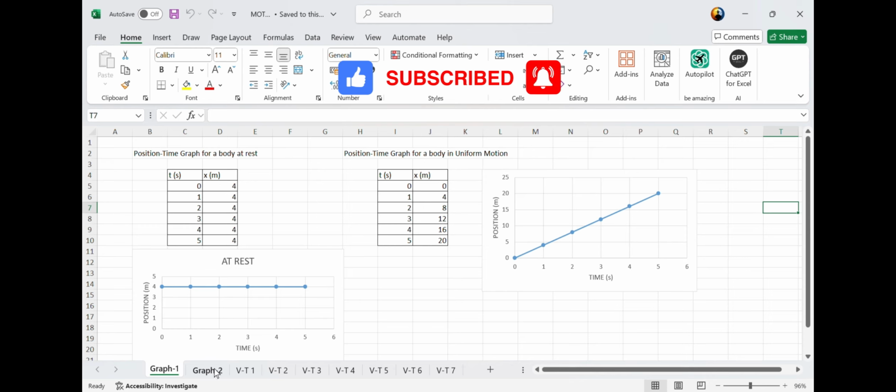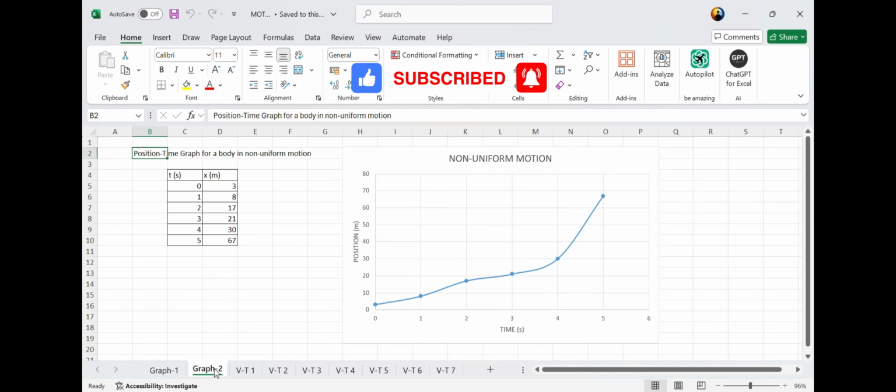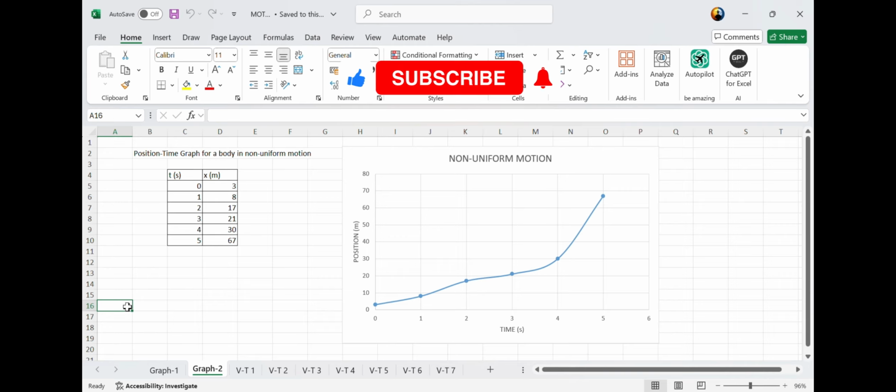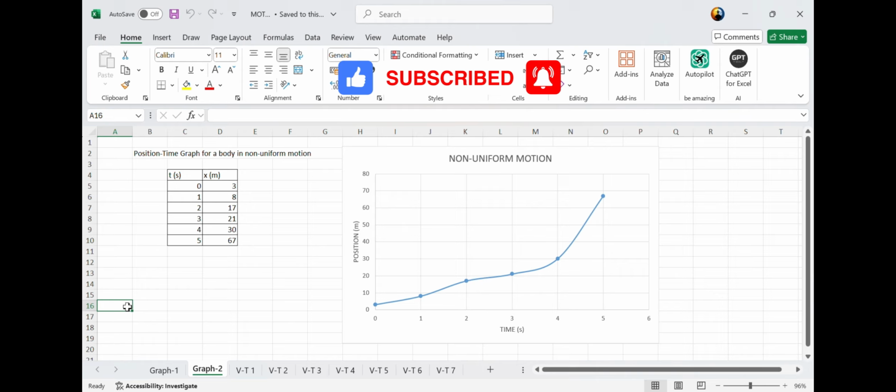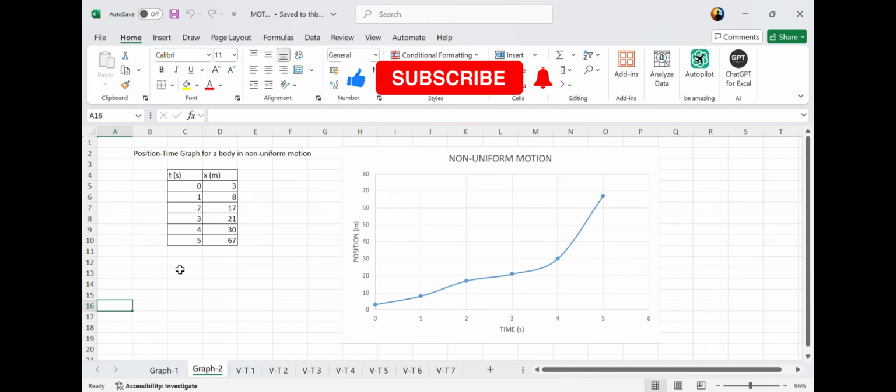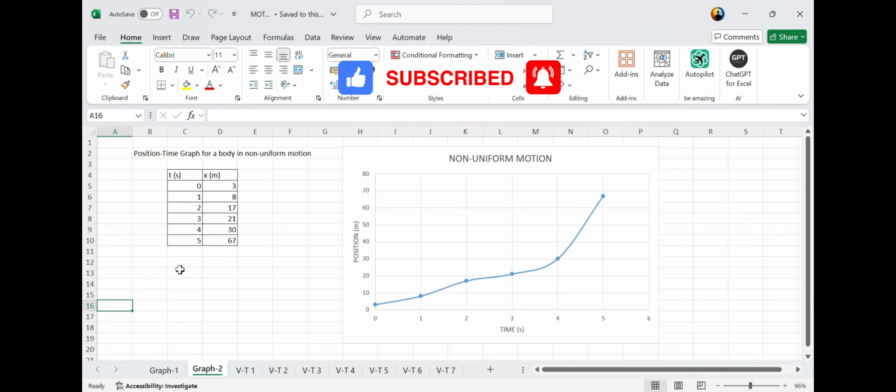Now let us have a look at the position time graph for a body which is in a state of non-uniform motion. So you take a look at the numbers over here. Again, the same exercise. The time over here is varying uniformly by 1 second. The time is not waiting for anyone.